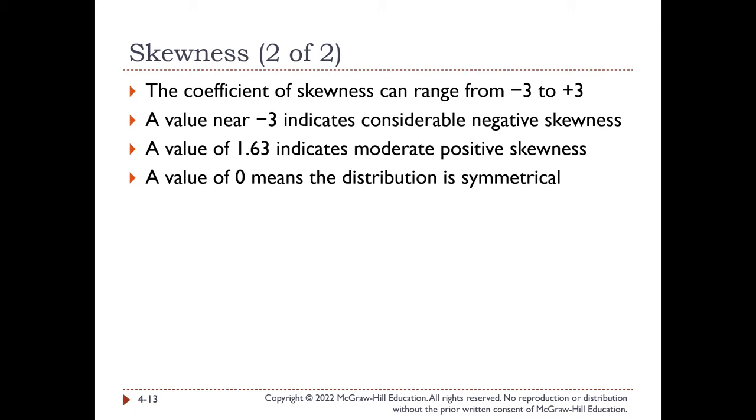A value near -3 indicates considerably negative skewness. A value of 1.63 indicates moderate positive skewness, and a value of 0 means the distribution is symmetrical. Yes, probably going to have a mixture of both of those going on.